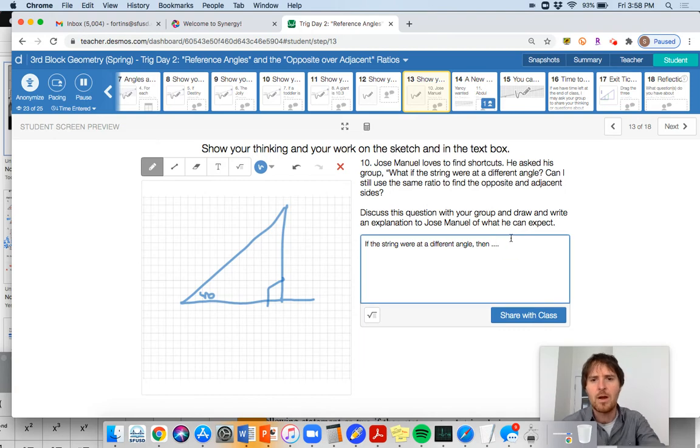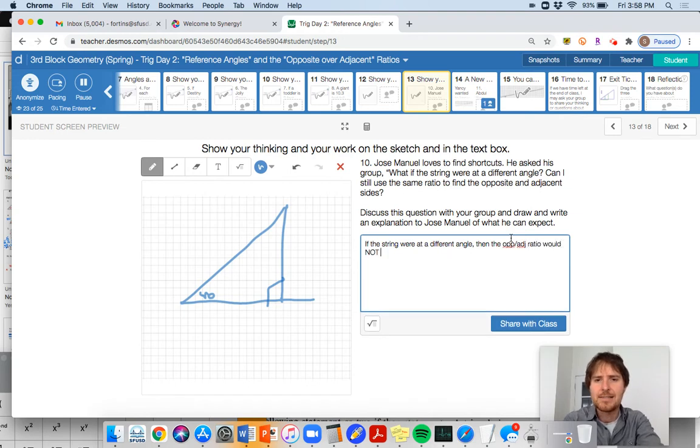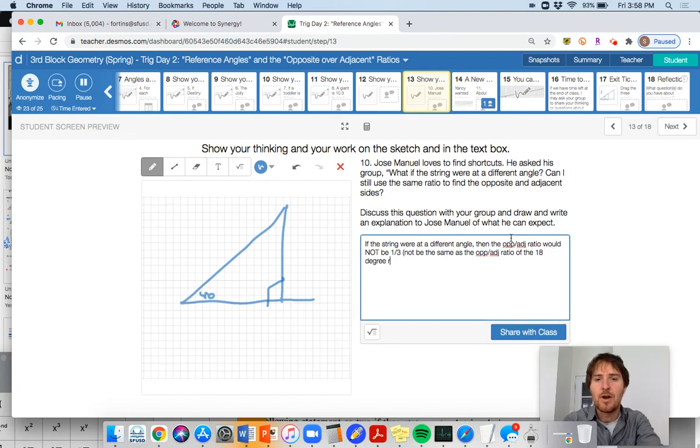If the swing were at a different angle, then the opposite to adjacent ratio would not be 1/3, not the same as the opposite over adjacent ratio of the 18-degree reference angle.